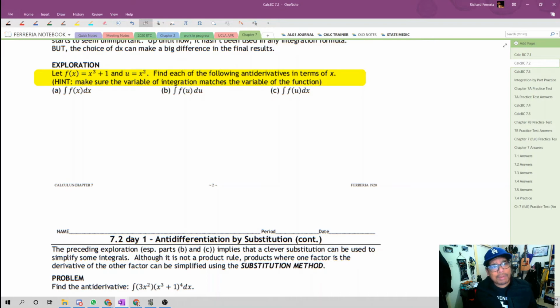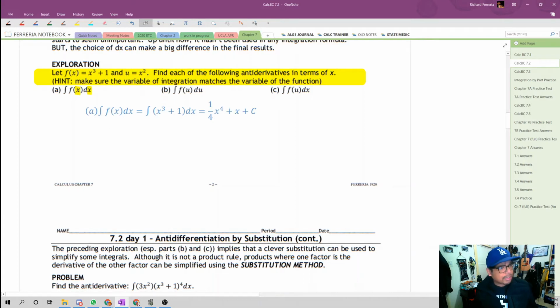In this case, everything should be in terms of x. In part A, we have f of x and dx, so that matches. Part A: the integral of f of x dx is the same thing as the integral of x cubed plus 1 dx. And no tricks, that's equal to 1/4 x to the 4th power plus x plus c.